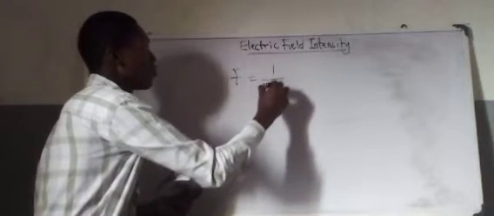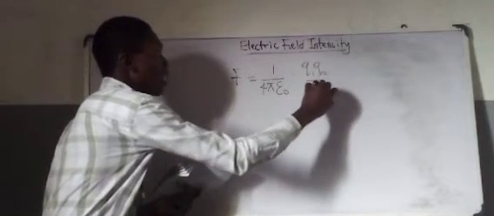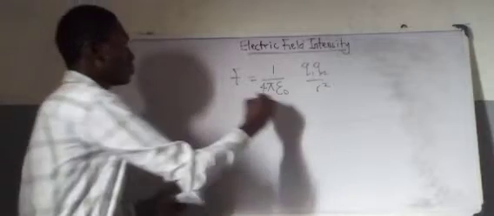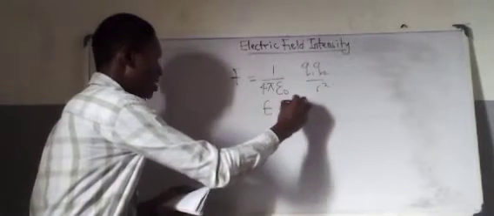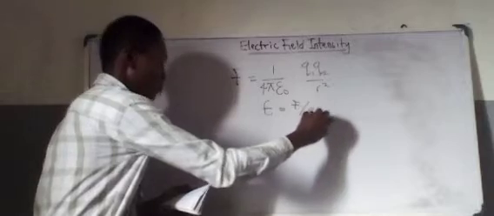Now, if we remember when we talked about electric field between two charges, we said that the force of either attraction or repulsion between two charges is given as 1 divided by 4 pi epsilon naught multiply Q1 Q2 over R squared. This is what we gave as the force between two charges. Now, putting this in our equation, we know that the field intensity is given as F divided by Q naught.